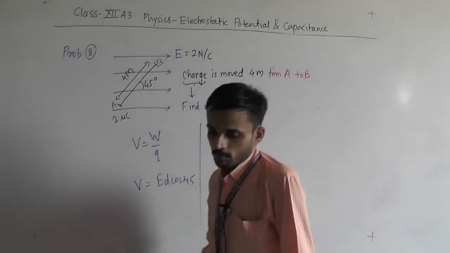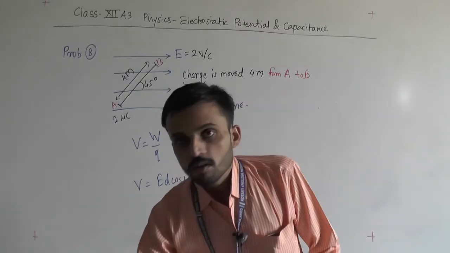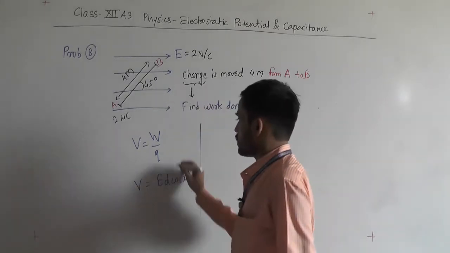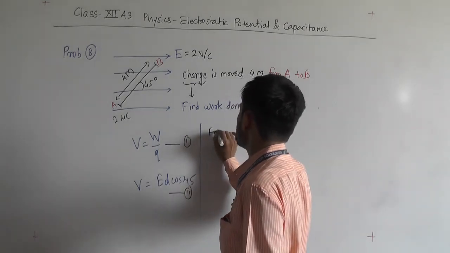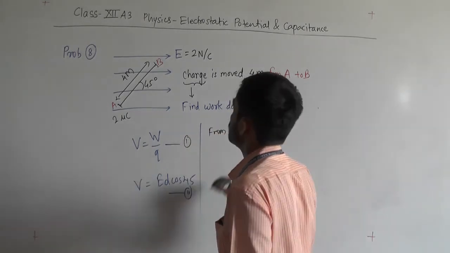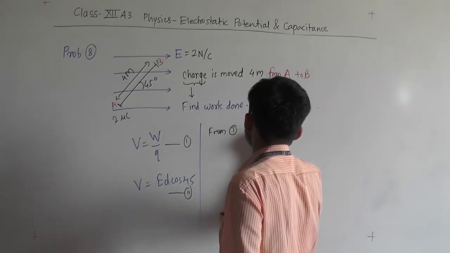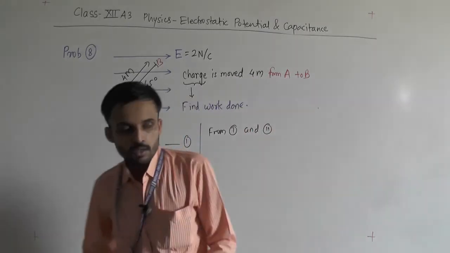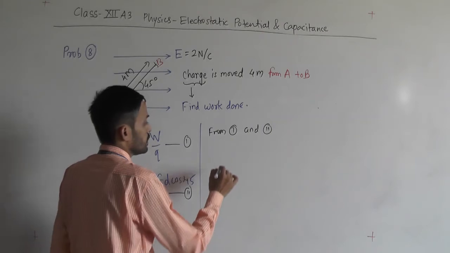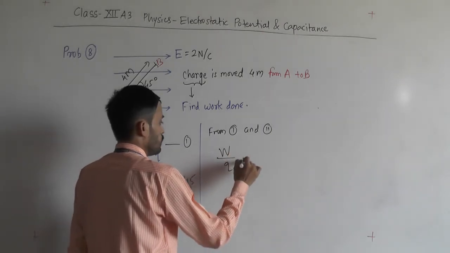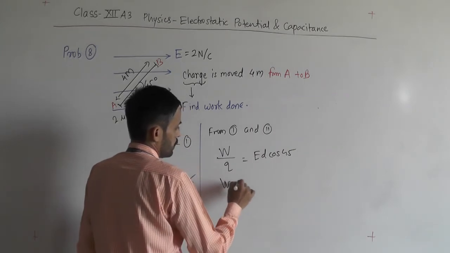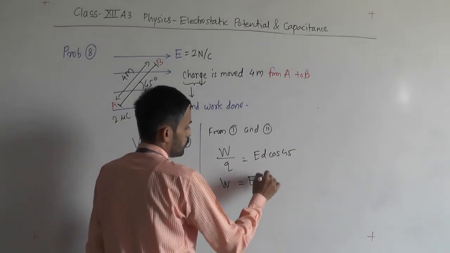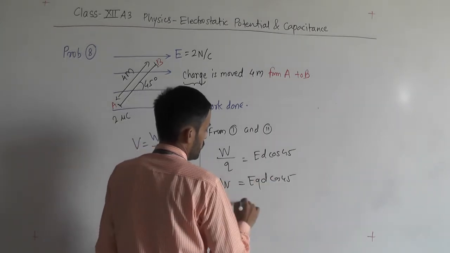So from equation number 1 and equation number 2, from 1 and 2, what you will get? W upon Q is equal to ED cos 45. W will be EQD cos 45.